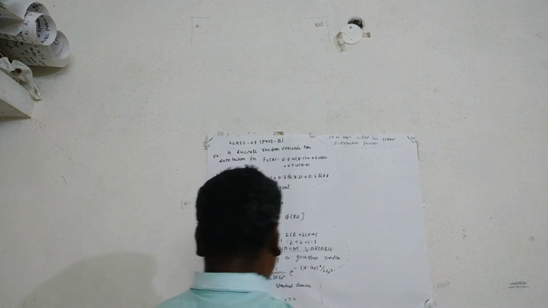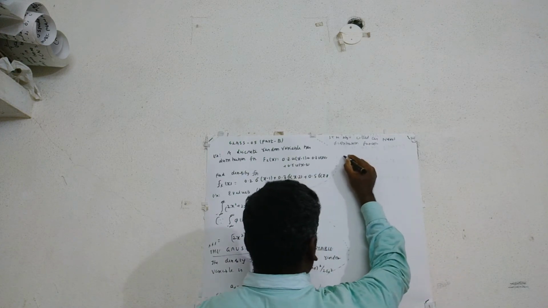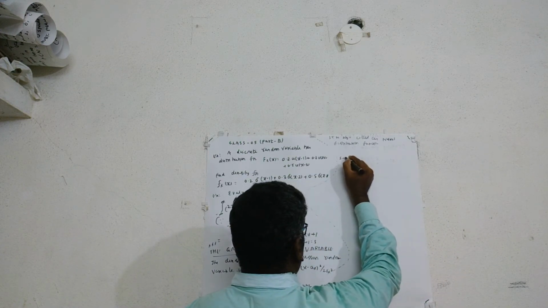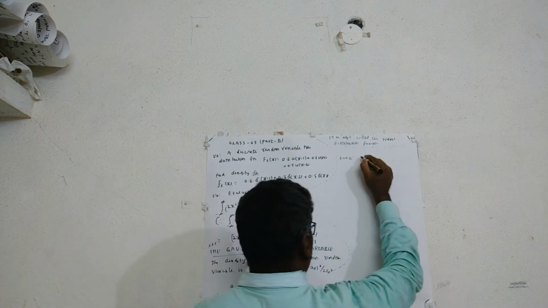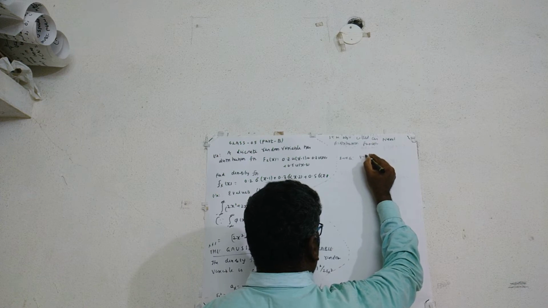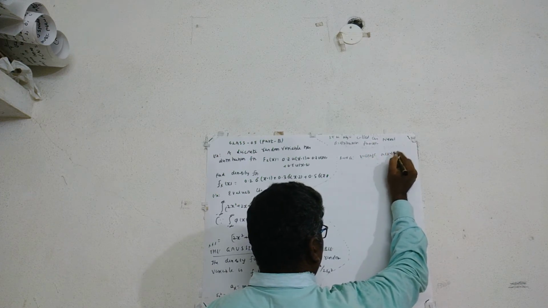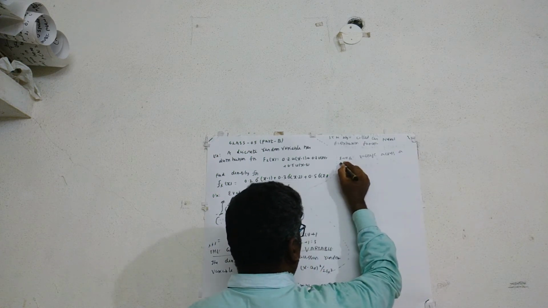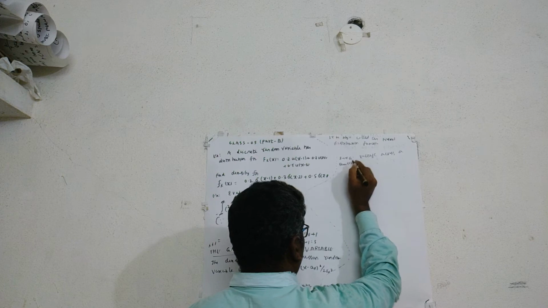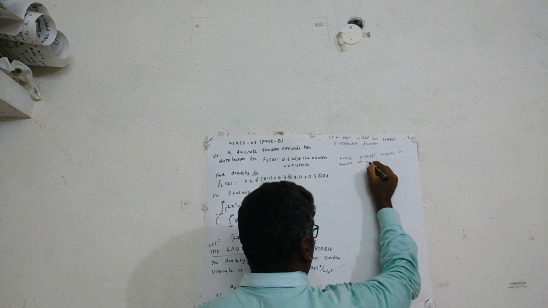Okay. Here, what is the source? The source of this Gaussian random variable is the voltage across a resistor in an amplifier.